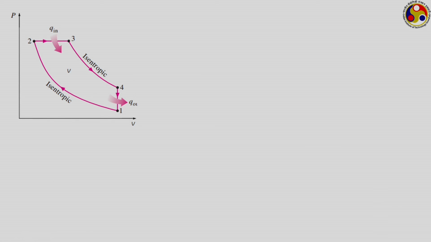So, if we analyze it again, we shall try to do it quickly. Here the thermal efficiency is again 1 minus Q out by Q in. For process 2 to 3, Q 2 to 3 minus W 2 to 3 is equal to U 3 minus U 2 as earlier.